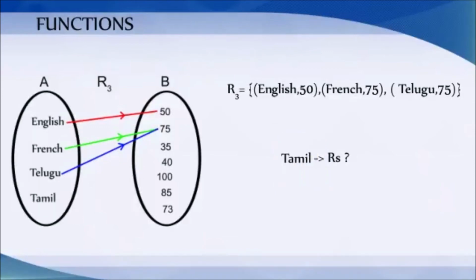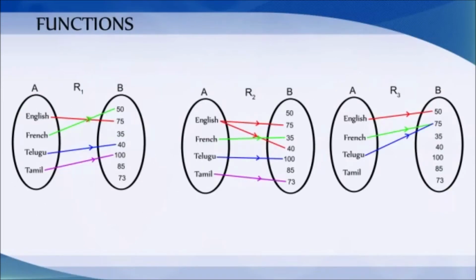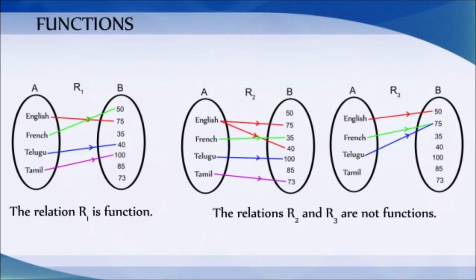In the above three examples we have discussed, we say the relation R1 is a function, but the relations R2 and R3 are not functions. Then, what is a function?